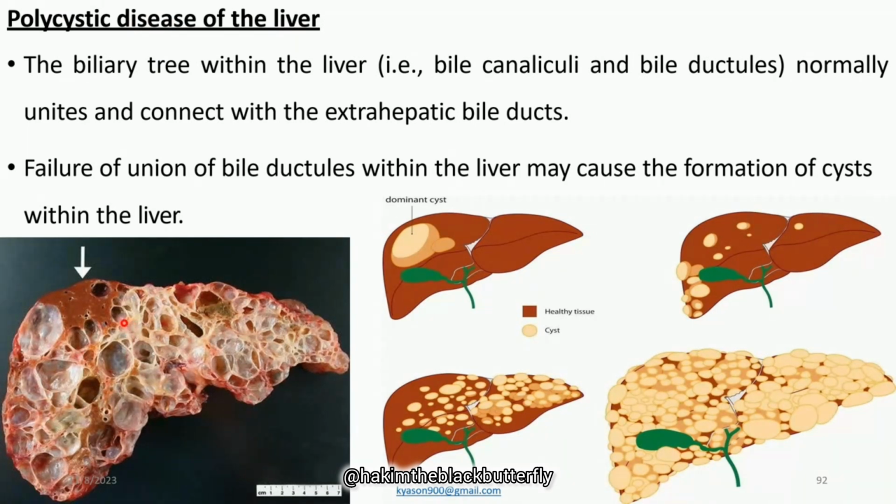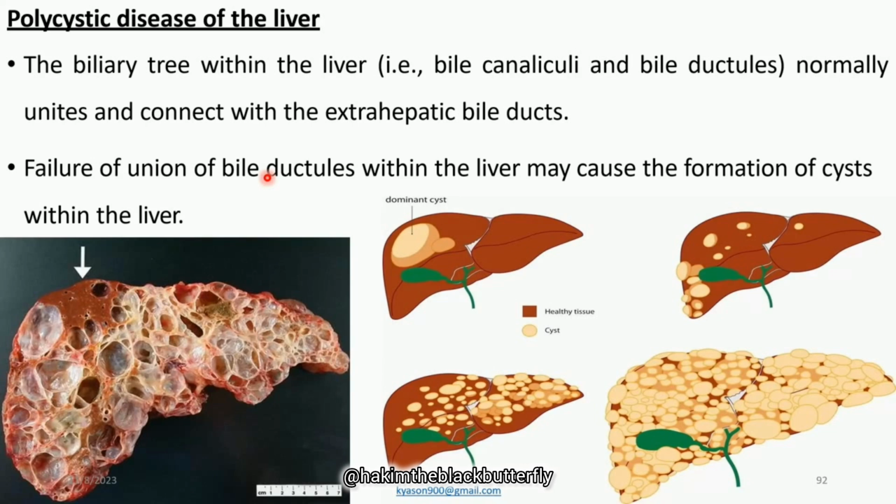They are going to be multiple within the liver, and they are occurring because of the incomplete development of the intrahepatic bile ducts. Those small ducts, we said, normally have to grow, fuse, and then later join with their counterparts, the right and the left hepatic duct, so that bile can have a clear path from the liver to the extrahepatic bile ducts.